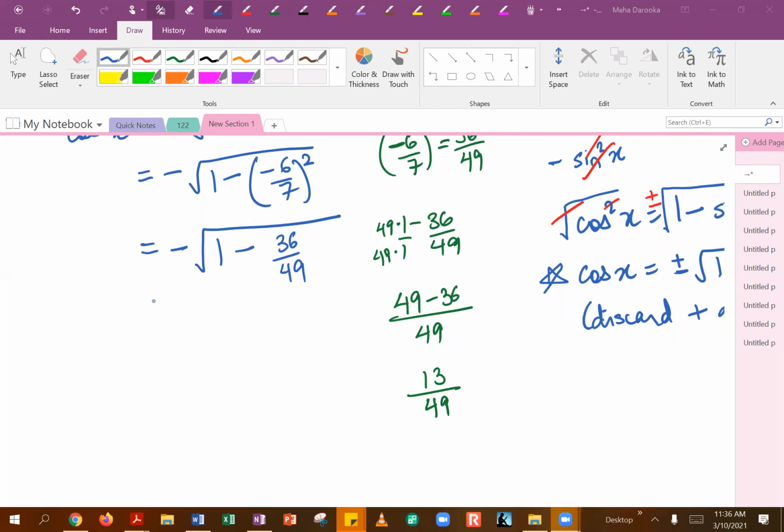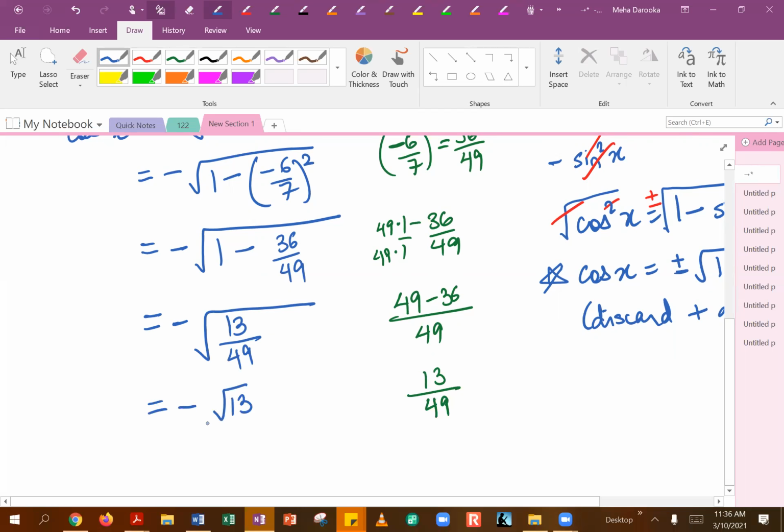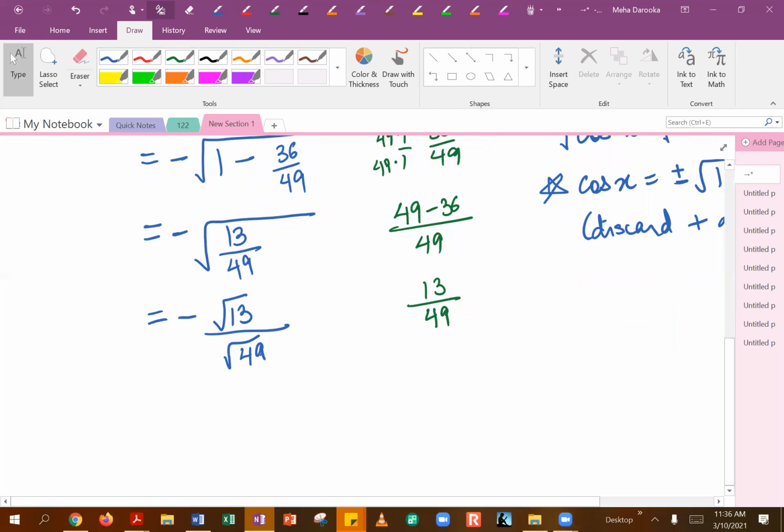Very nice, Scotty. So coming back to our problem over here, negative on the outside, square root. Now on the inside, we have simplified this as 13/49. So remember, with square roots over fractions, you can break it up as square root of 13 on the top, square root of 49 on the bottom.